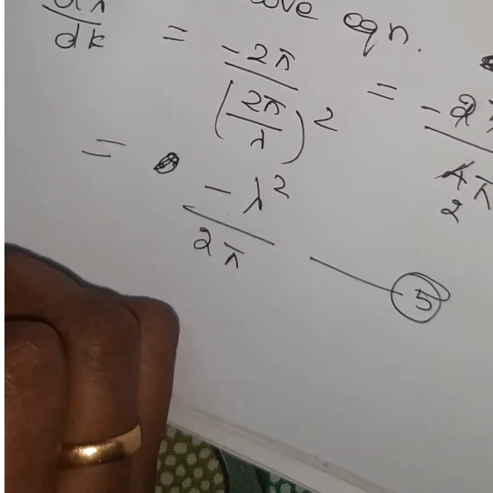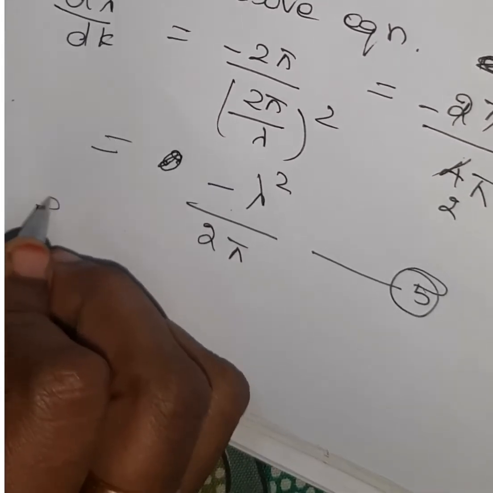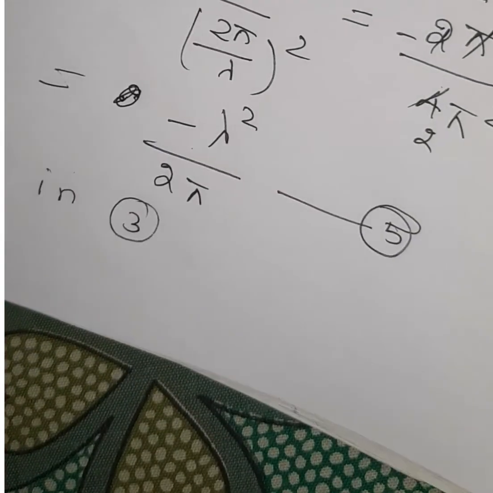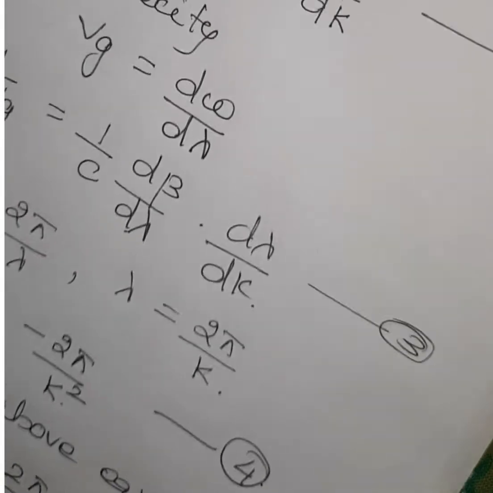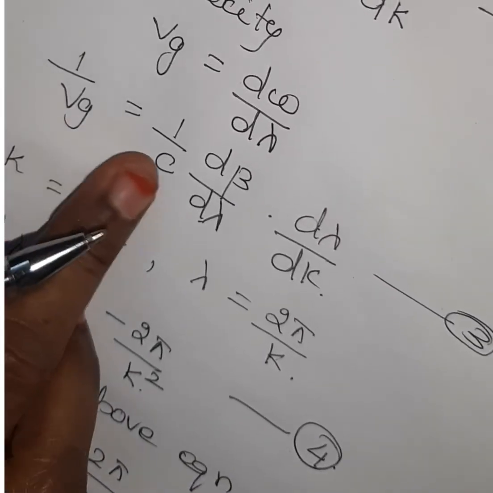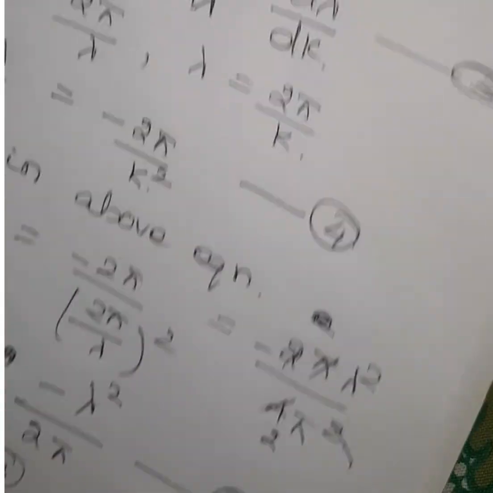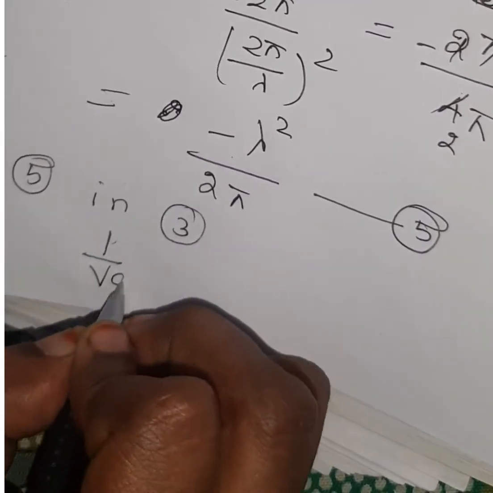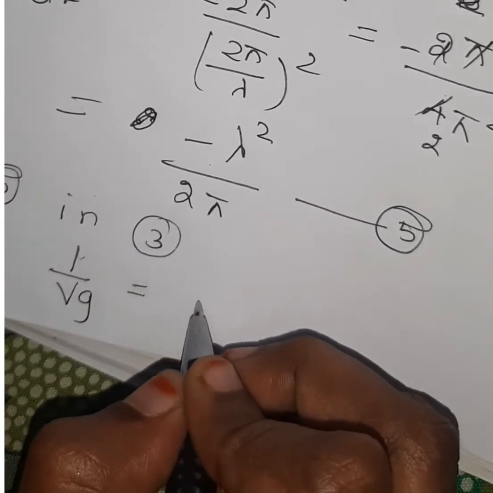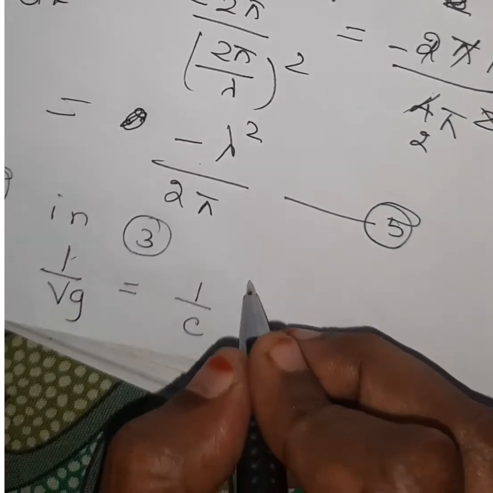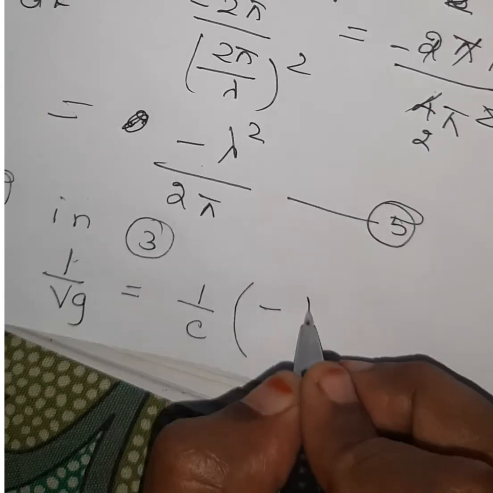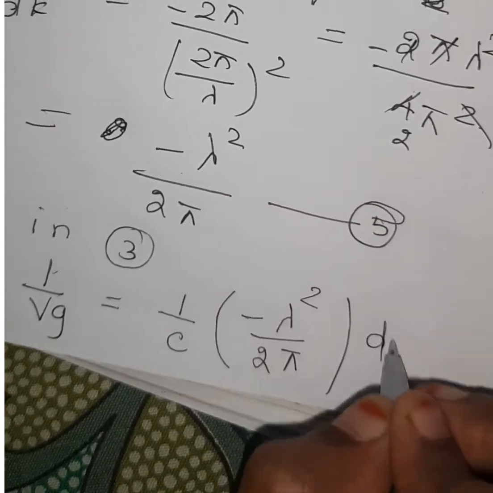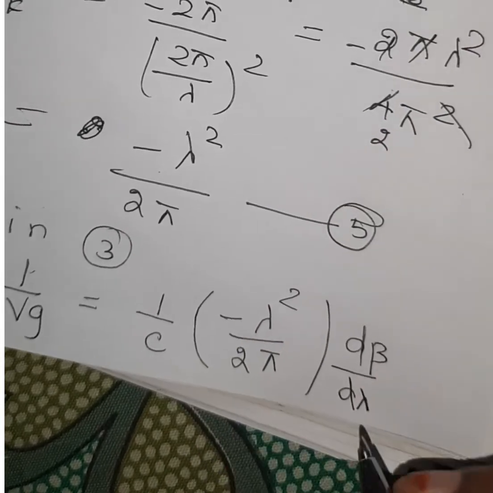Now substitute equation 5 in equation 3. Our equation 3 is 1 by Vg is equal to 1 by C into d beta by dk. So now 1 by Vg is equal to 1 by C into, substituting the value of d lambda by dk, that is minus lambda squared by 2 pi, into the remaining value d beta by d lambda.